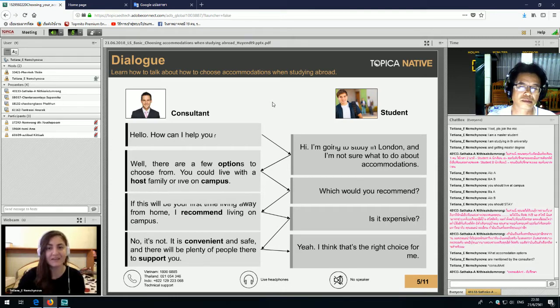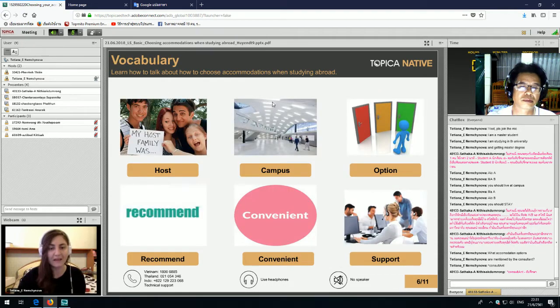There are two options given by the consultant: host family or living on campus, and students chose one for the reasons listed by the consultant. Basically that is it. If you have any additional questions, please let me know.